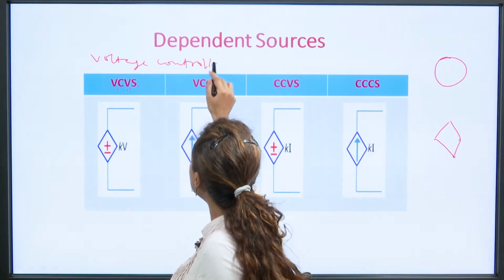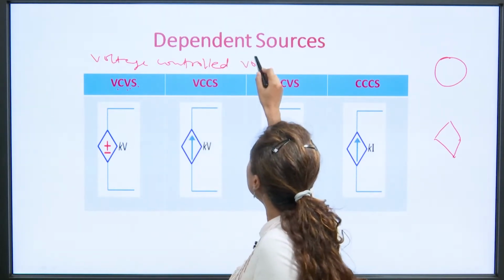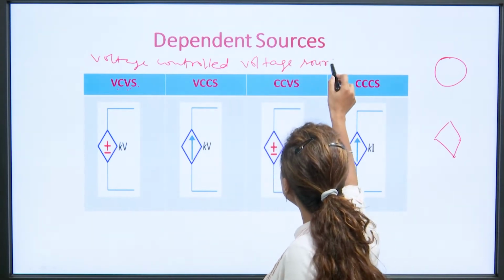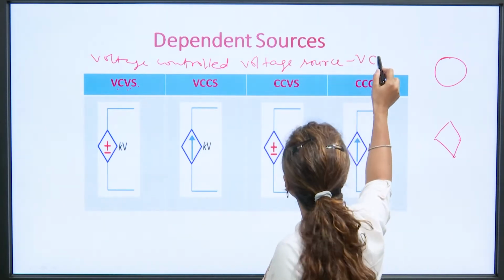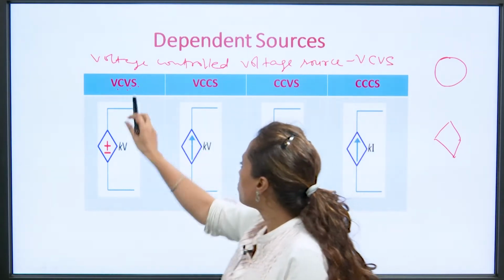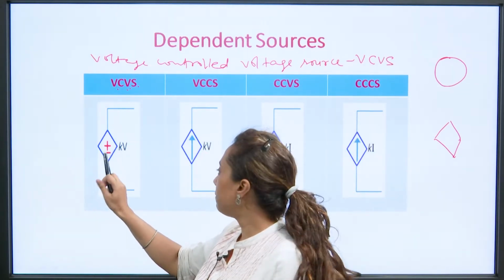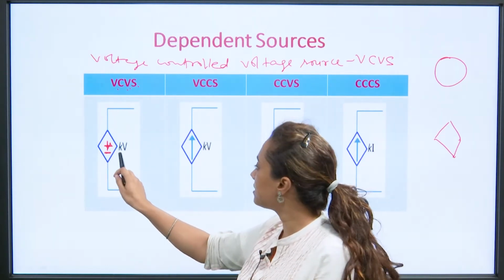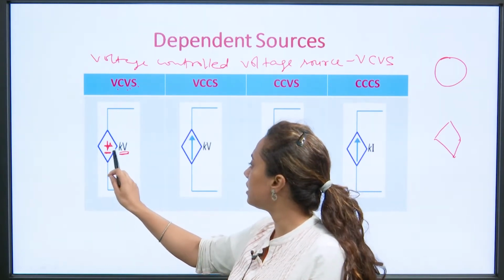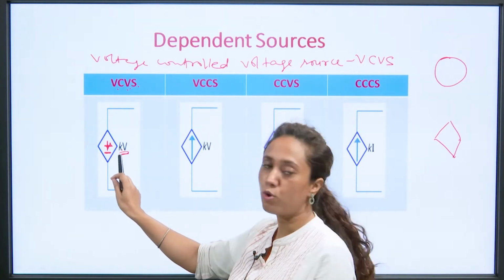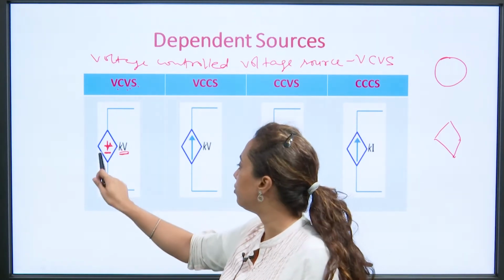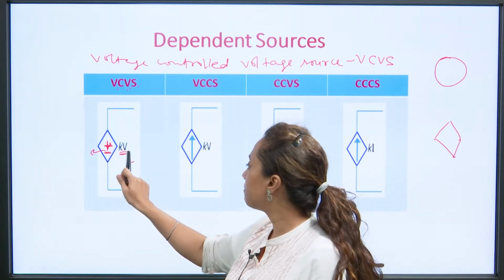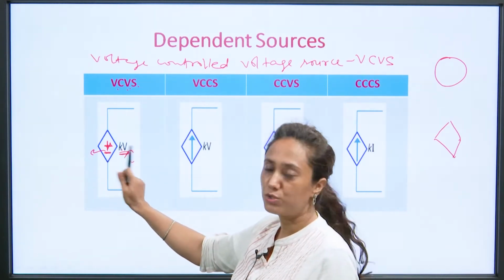C stands for controlled, and the voltage source, that is VCVS. It is shown by a diamond shape, and this plus minus sign shows that it is a voltage source, and the denotation kV, where k is some constant value and V is the voltage, shows that it depends on a voltage. So it is a voltage controlled voltage source.